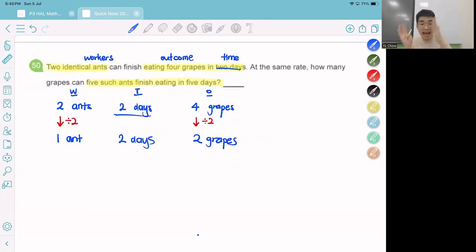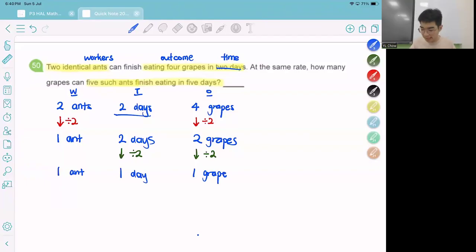So in 2 days, every ant can eat 2 grapes. Then I continue to cut half to my time without changing the number of ants. Then the outcome will also be cut half. 1 ant, if you give it 2 days, it will eat 2 grapes. If the same 1 ant, you only give it 1 day, then it will eat 1 grape only.